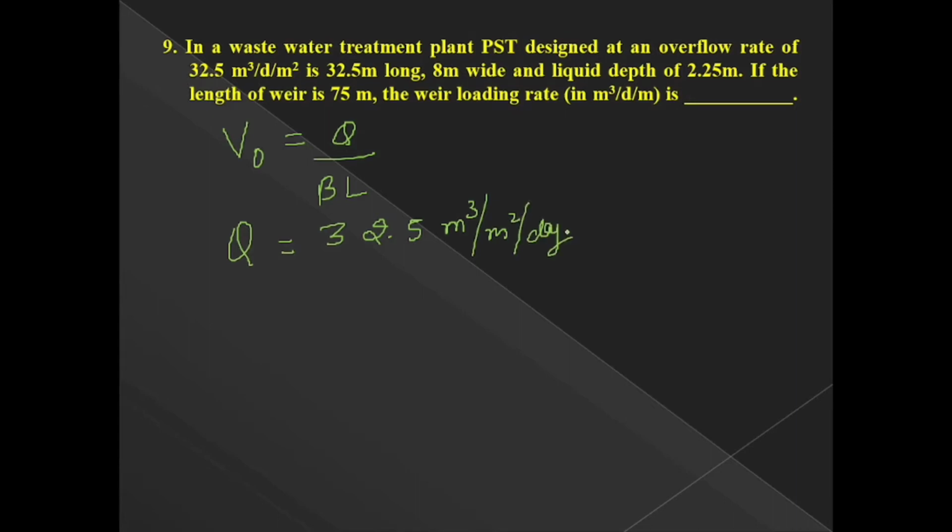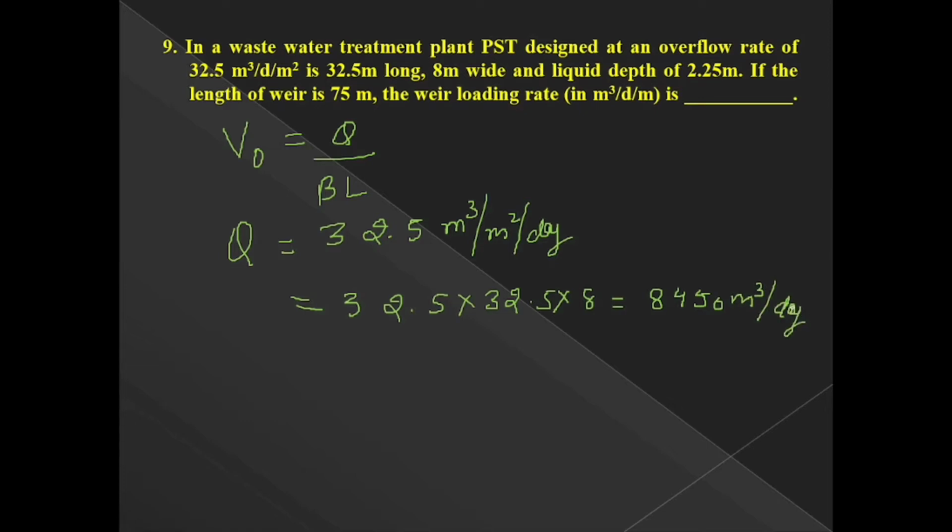Now, if I calculate the complete value, since the area is given in this problem, it is 32.5 into 8, and the per meter square is removed. The final answer is 8450 meter cube per day.